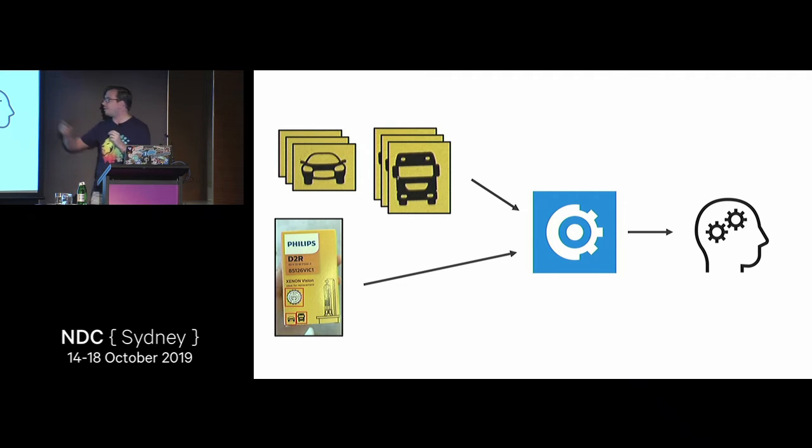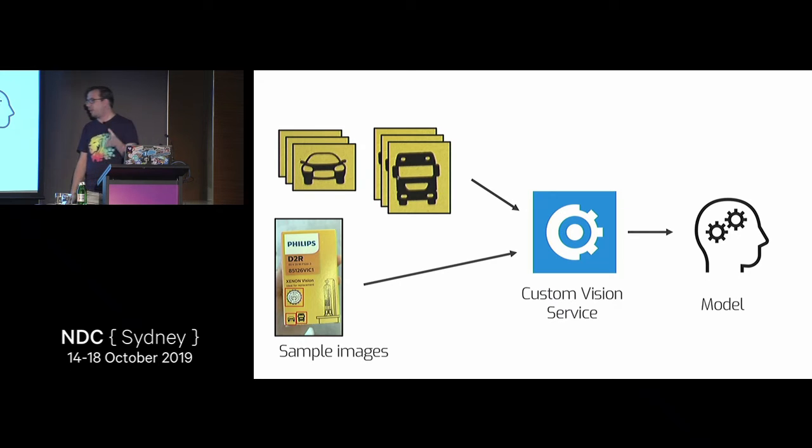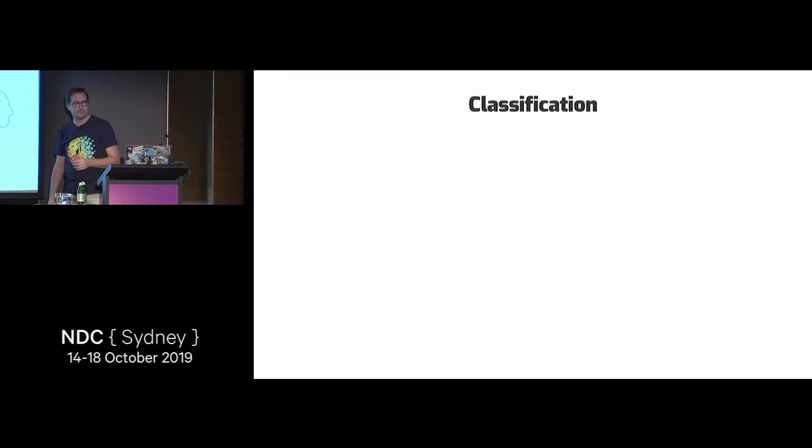You can either take pictures that only contain one object, or, like you see below, you can have a picture that contains multiple objects, but then you have to drag all the bounding boxes around it. You upload that to the custom vision service and hit train. If you do object detection, it can train for multiple hours. If you do a classification project with less than 500 images, it is done in like 30 seconds.